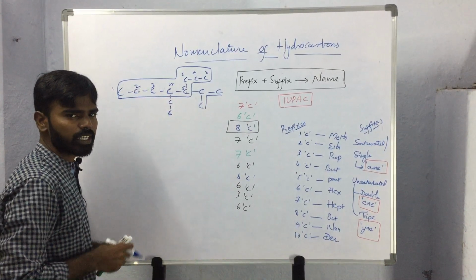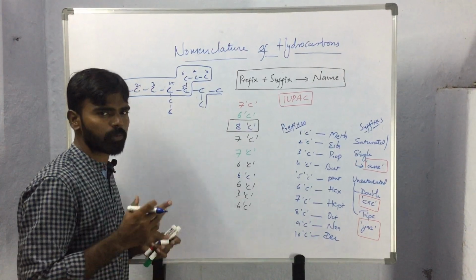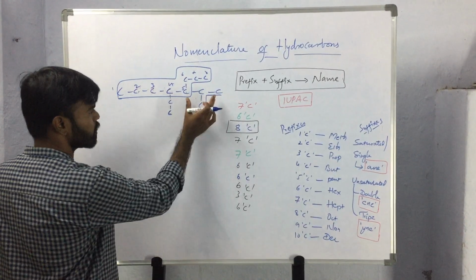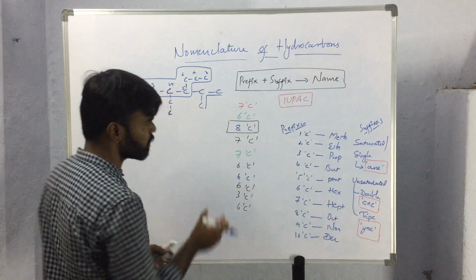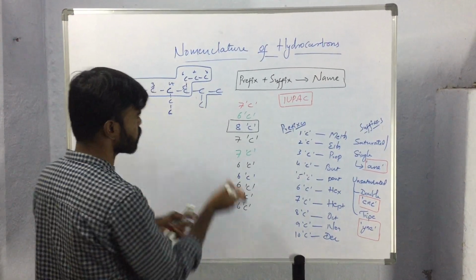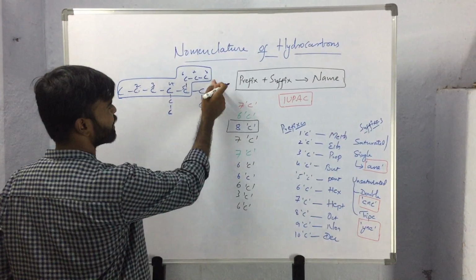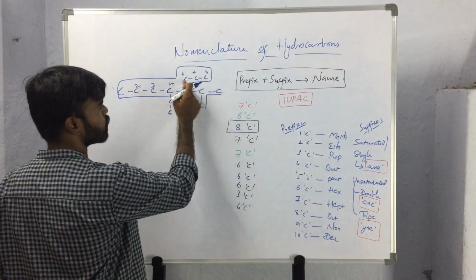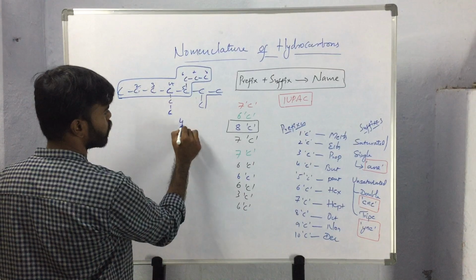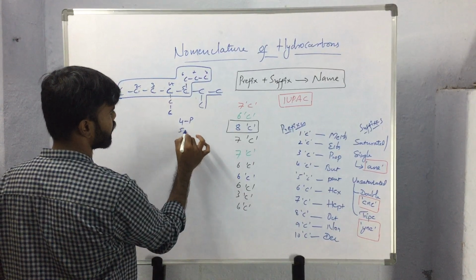What will we do in this case? In this case, we will be giving the priority for the molecular weight of the compound. So propyl group is having more molecular weight. That means if propyl group is having more number of carbon atoms, we will give the priority for this carbon atom only. So we will be giving the numbering from here. So 1 2 3 4. So this will be 4-propyl and 5-ethyl.